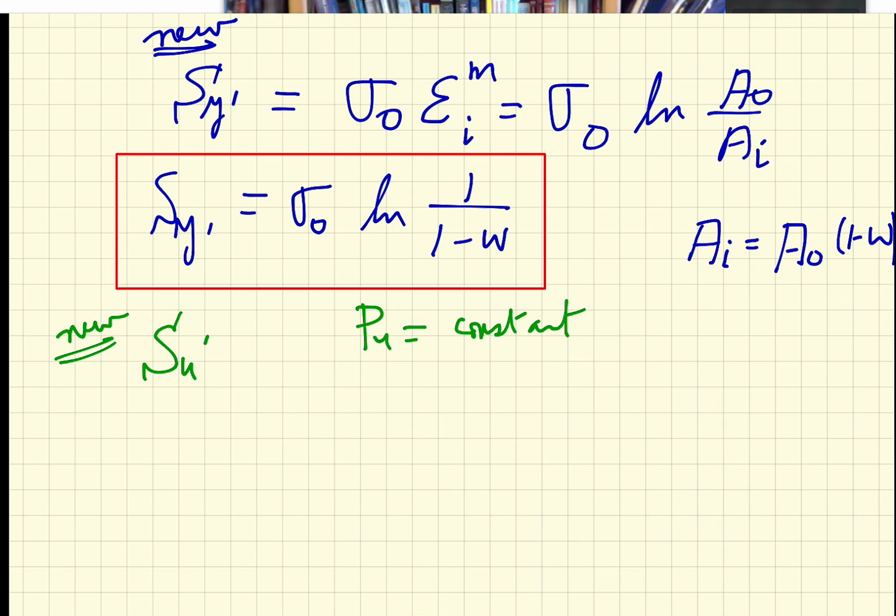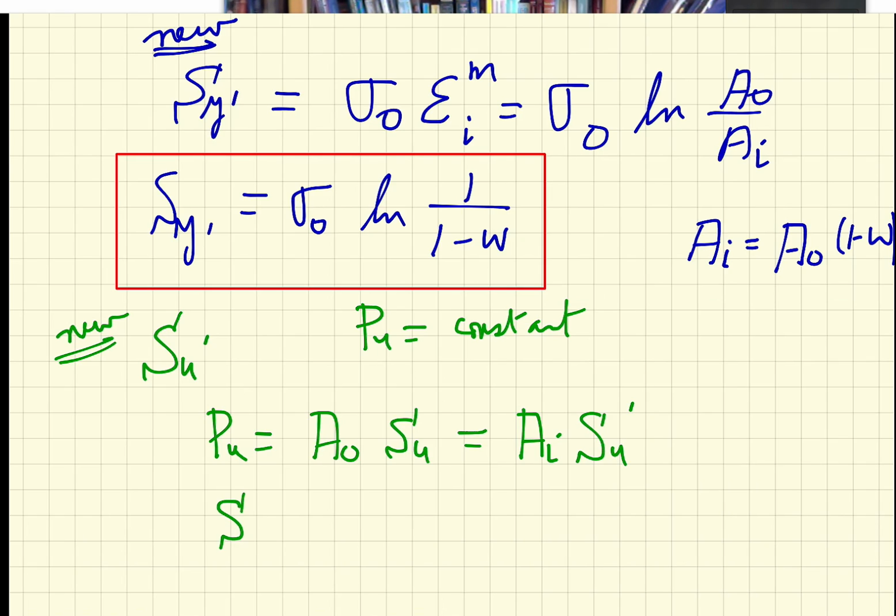So P ultimate is equal to the cross-sectional area times the ultimate strength. This is before we did the cold work. After we did the cold work, it is equal to A sub I times S ultimate prime, and A sub I is less than A0.